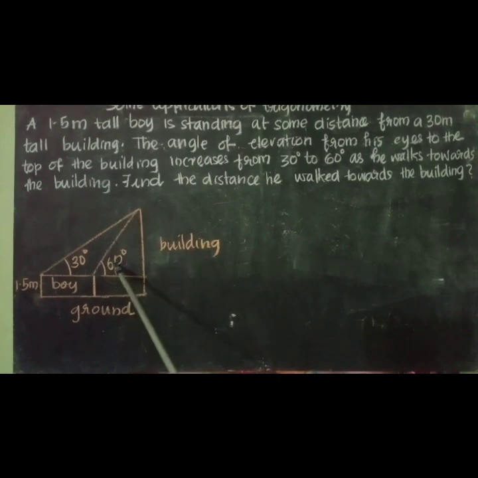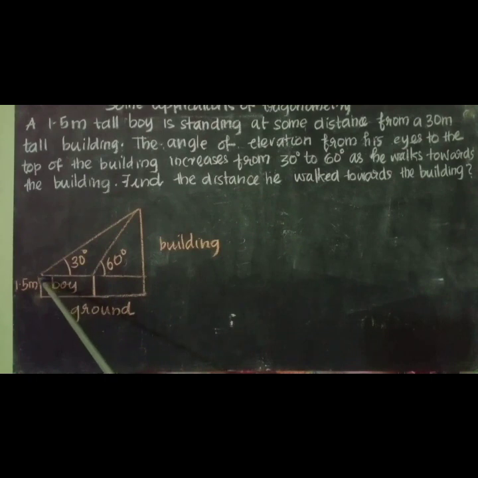Now the angle of elevation changed. In this point, the angle of elevation was 30 degree. But in this point, the angle of elevation is 60 degree. We need to find out the distance he walked towards the building. How much distance he walked.